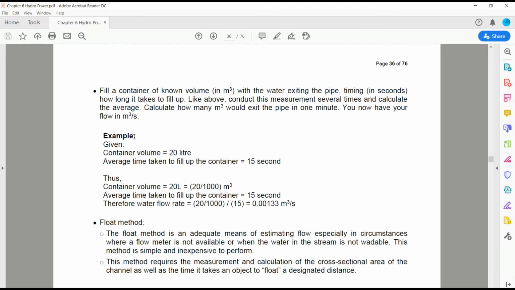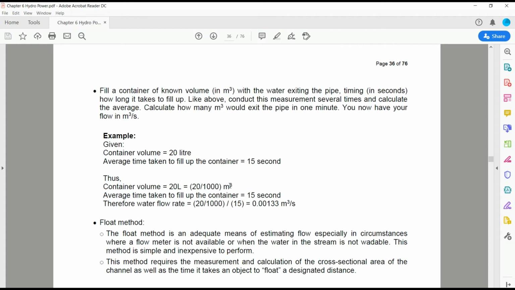Example, you have a container with known volume, which is 20 liters. The average time taken to fill up the container, you have already calculated the average, which is 15 seconds per container. So the container volume is 20 liters.